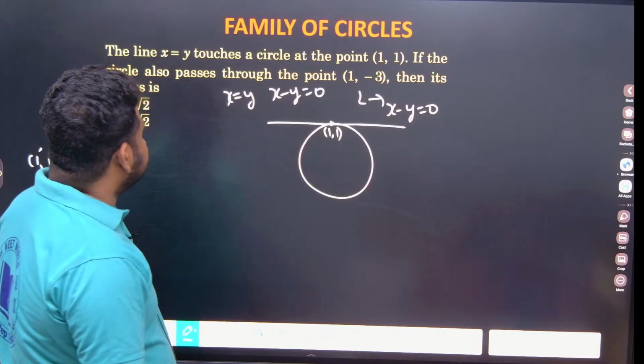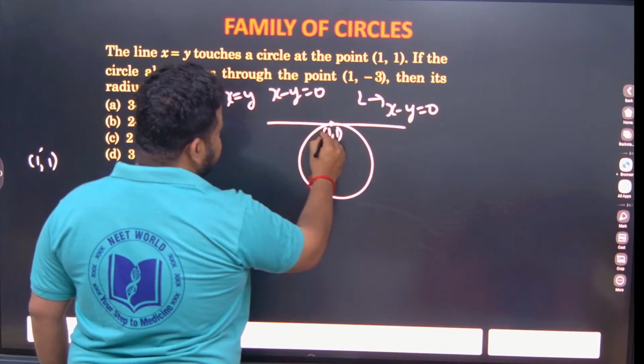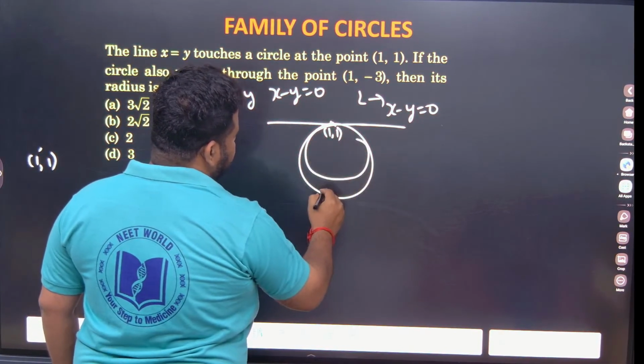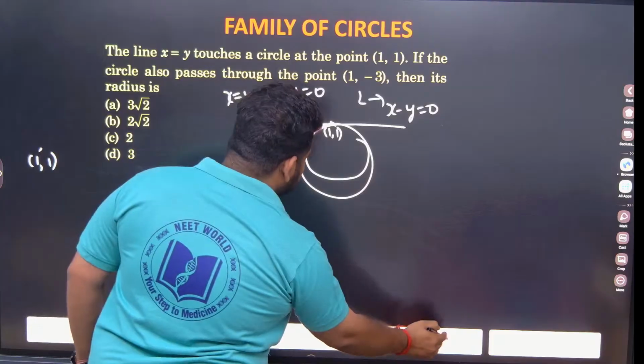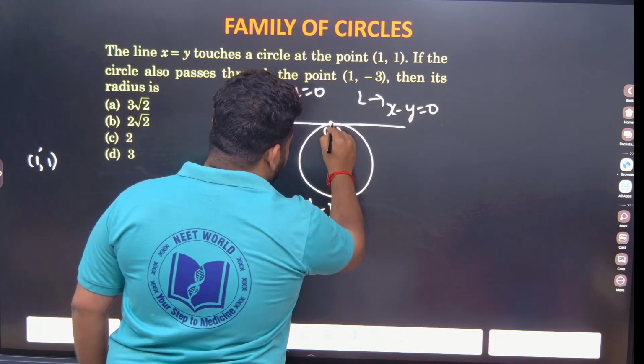They are telling that the circle also passes through the point 1 comma minus 3. This point circle is there. Let us take another circle, or this circle only you can take. It passes through the point 1 comma minus 3. Now for this point circle, observe all of you.